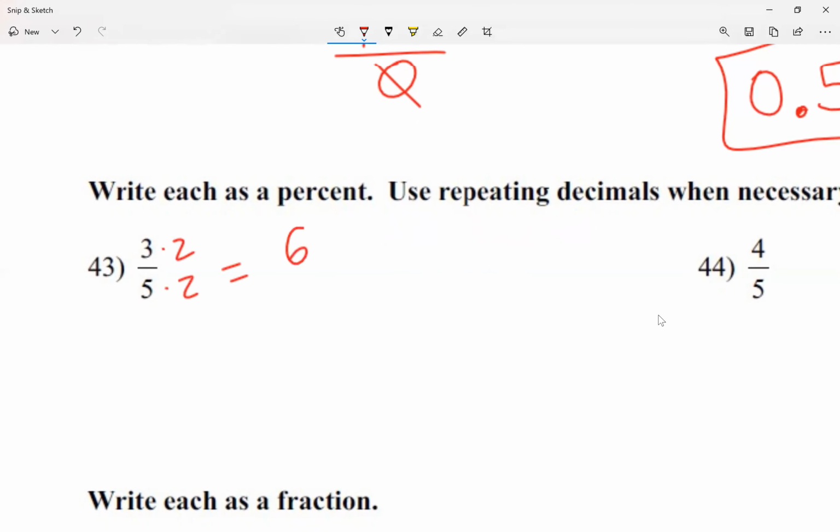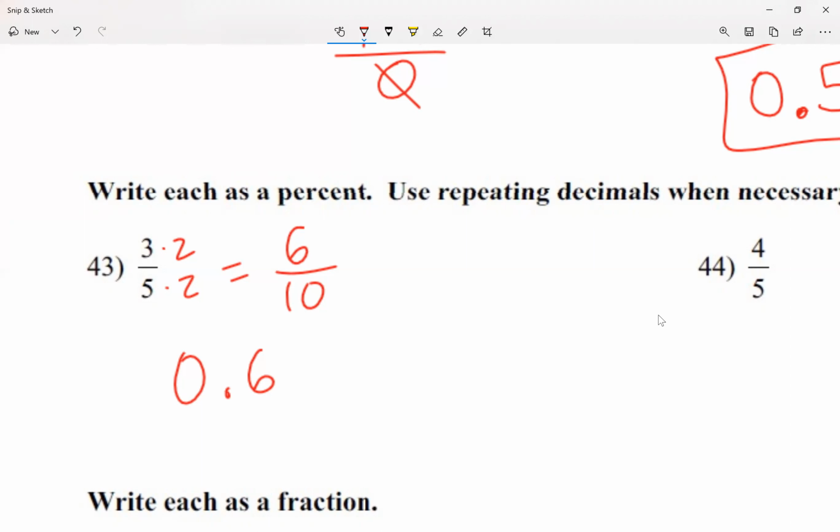So this gives me 6 over 10. Using the second method that I showed you, this one as a decimal is 0.6, because it's a 6 and it's one decimal place. But I need to write this as a percent.